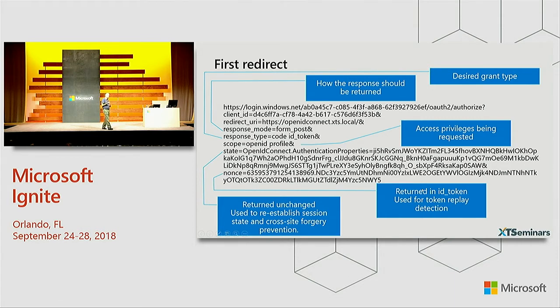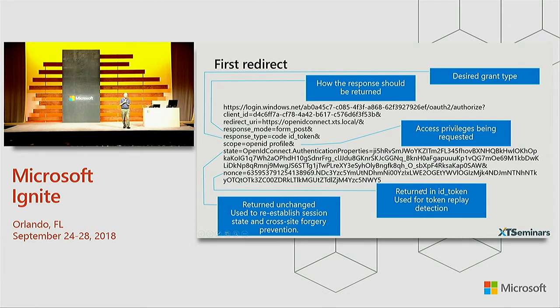The other thing it's used for is prevention against cross-site forgery. Because we're setting the state, if we get a different state back, we just reject the token. We won't even do any checking on the token, just reject it. The request has been forged somewhere else.